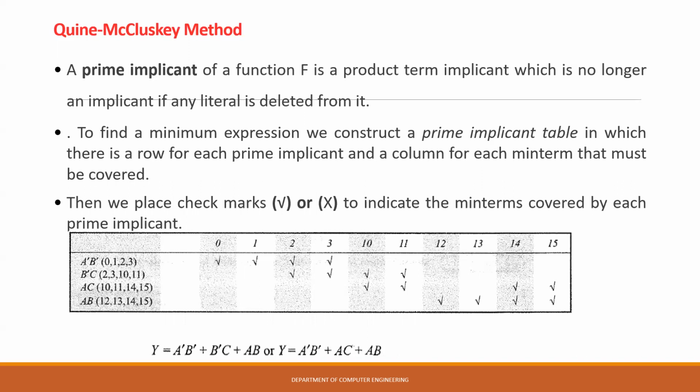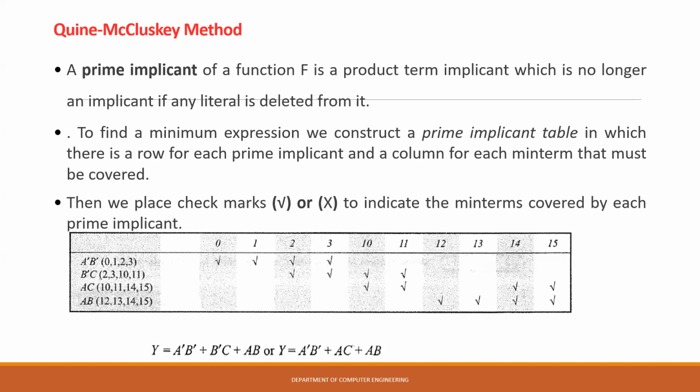To find a minimum expression, we construct a prime implicant table in which there is a row for each prime implicant and a column for each min-term that must be covered. Then we place check marks or crosses to indicate the min-terms covered by each prime implicant.